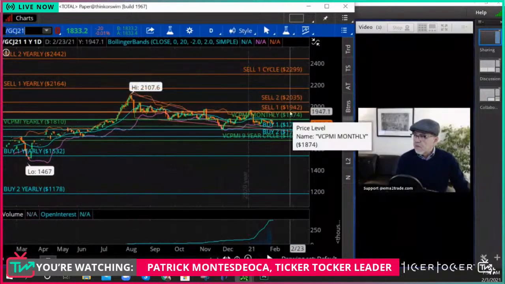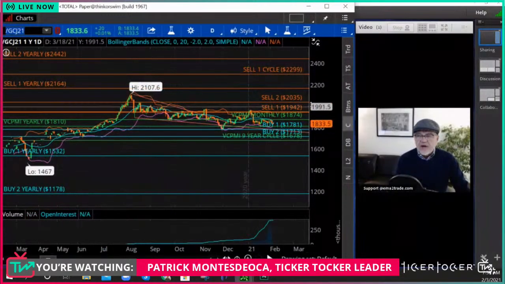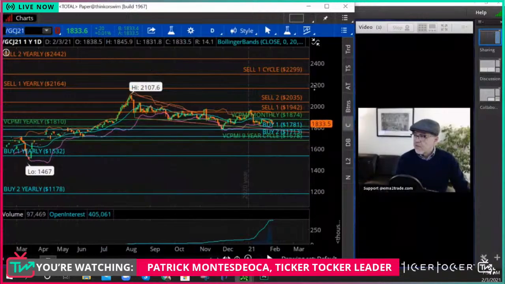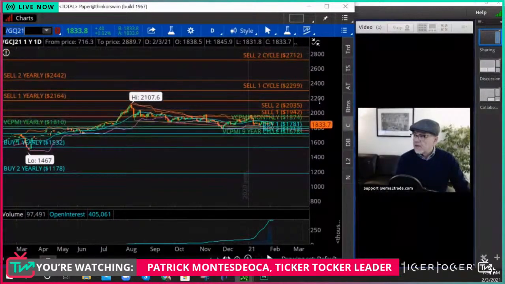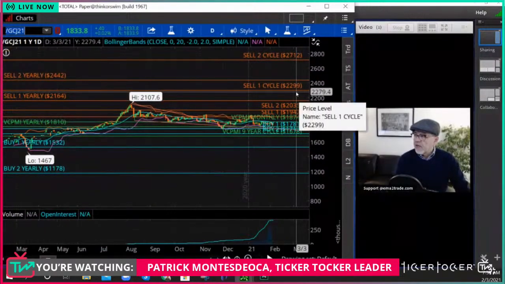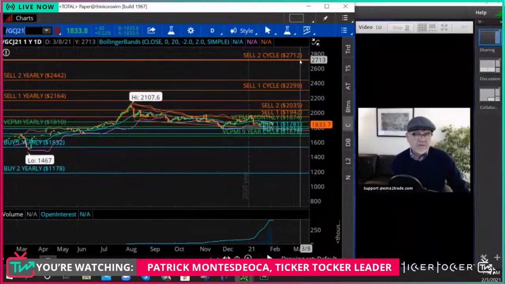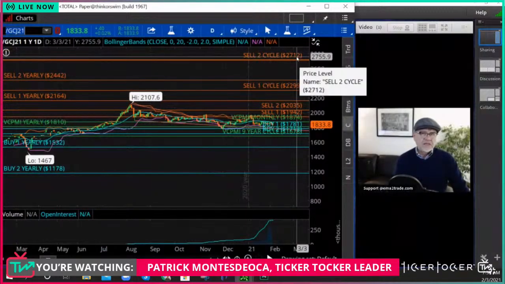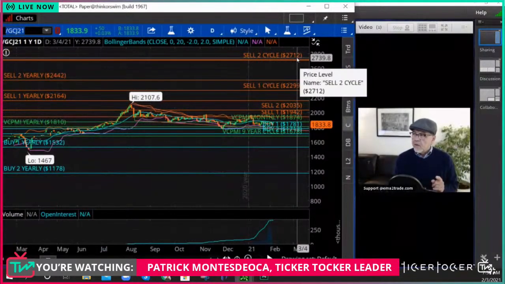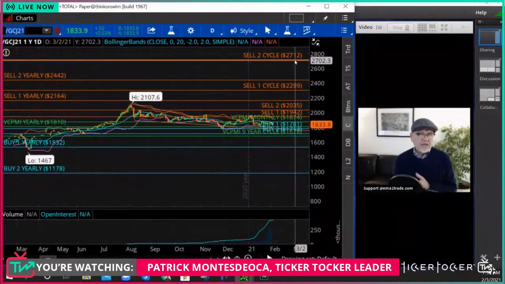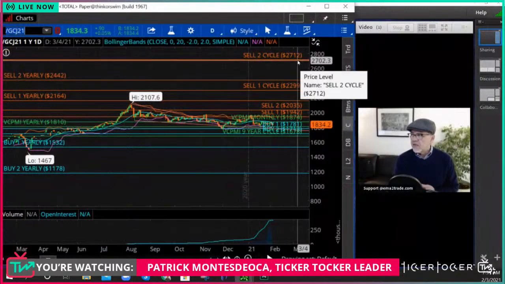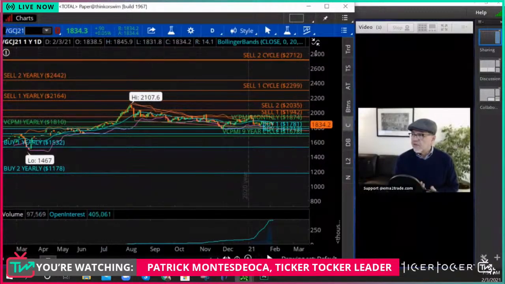The 9-year cycle that we track as well is looking at 2229 to 2712 as targets. This is now for the next 9 years. During the next 9-year cycle, at any time, the cycle is looking for these prices to be completed.